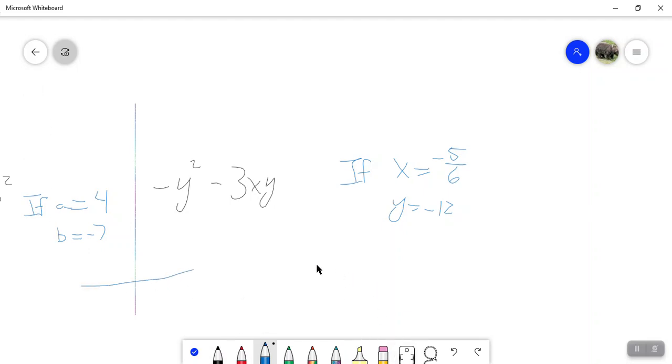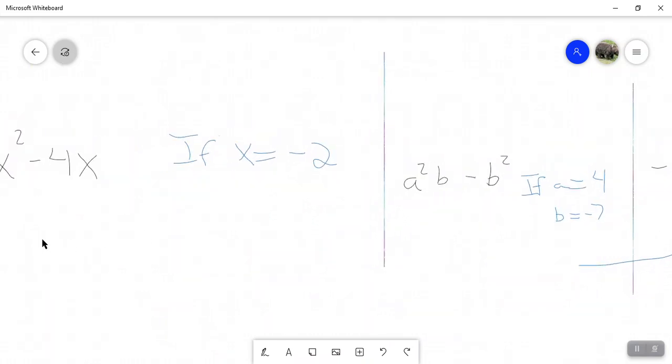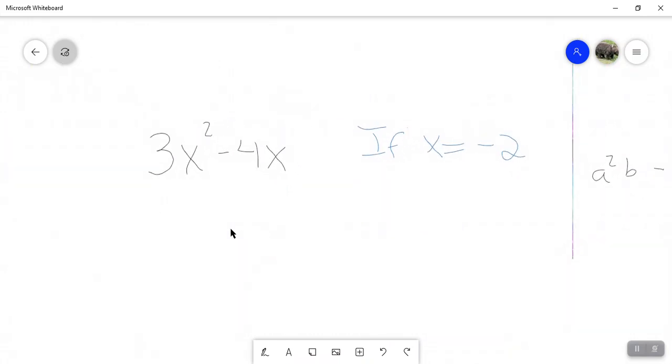So we're going to start over here, and look at this expression that says 3x squared minus 4x. We are going to substitute -2 where the x's are. So every time I see an x, I'm going to put -2 in parentheses.